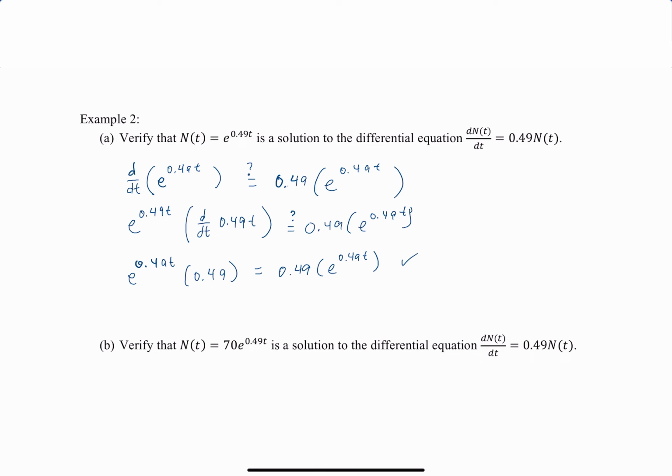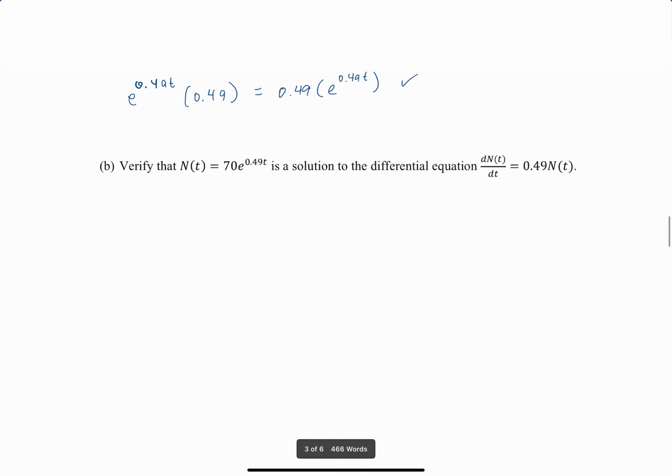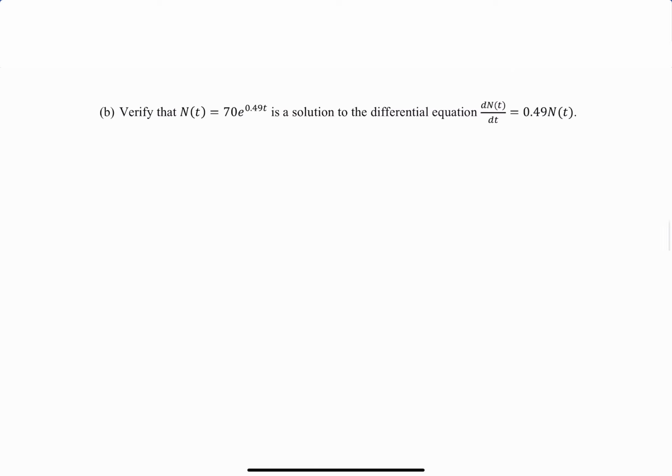Let's now verify that 70 times e to the 0.49t is a solution to that same differential equation. So again, I'm just going to plug that proposed solution into both sides. And I'm asking the question, are these equal?